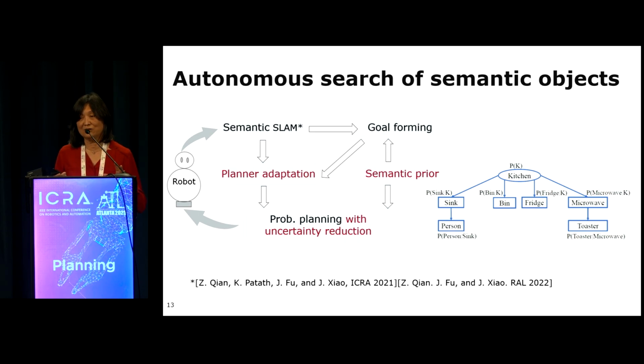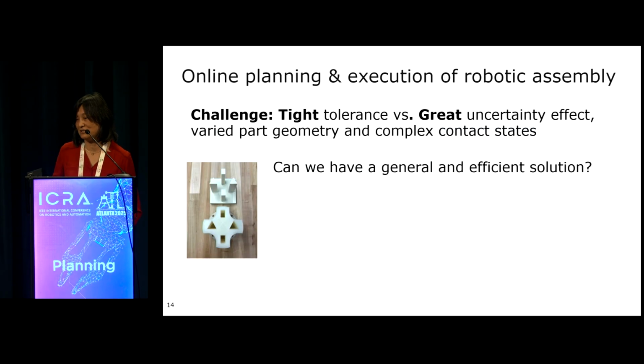So we not only do planning in real time, we adapt the planner models in real time to leverage the semantic SLAM information, or achievements, results, to reduce uncertainty. And that makes it much more accurate in motion, and we use semantic priors to also relate objects seen, which may not be the target objects, to the target objects, to exploit their functional relationship to increase planning efficiency.